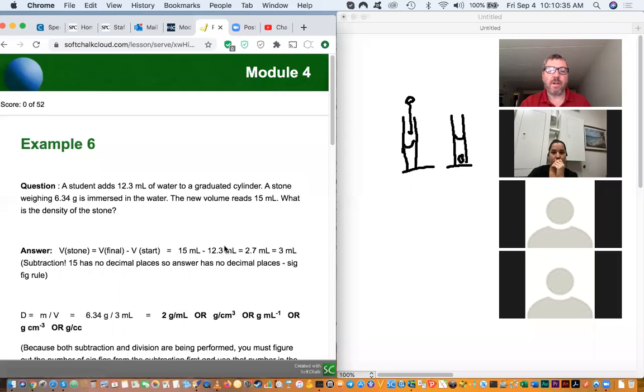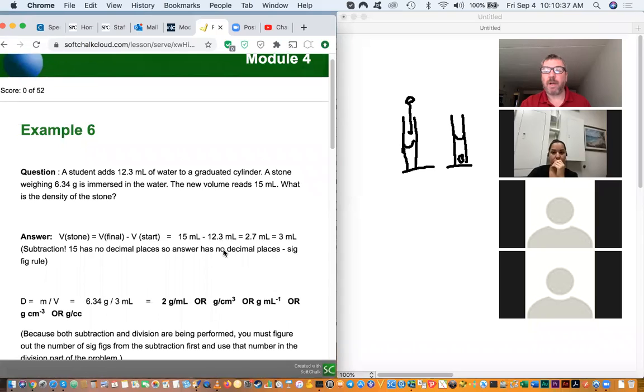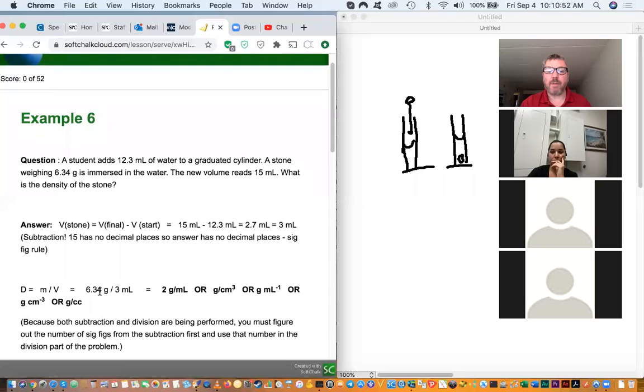Unfortunately, in these kinds of problems, when we're doing a subtraction, we have to handle this by doing the subtraction first, getting the significant figures from that, and then getting the significant figures from the other part by doing the division. Does anybody have any questions?